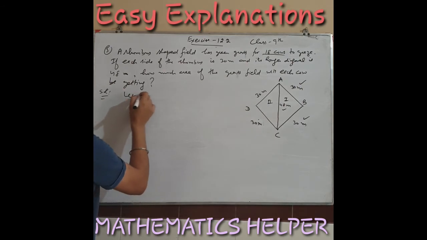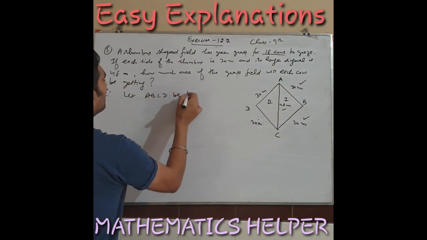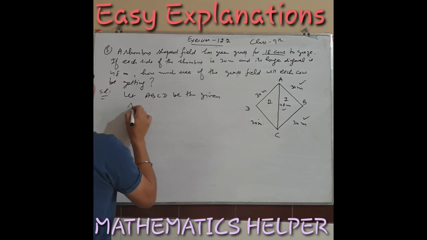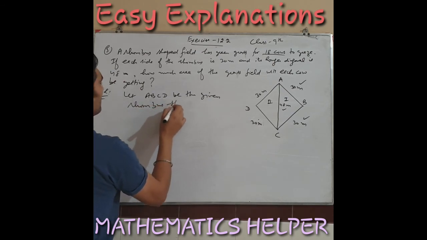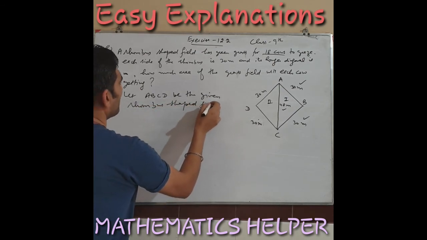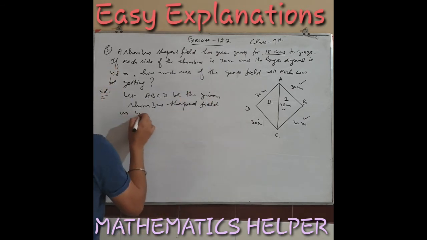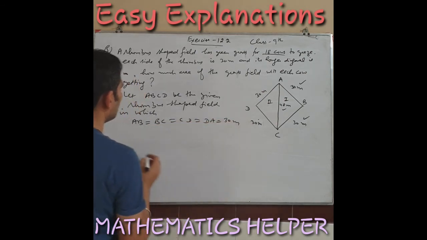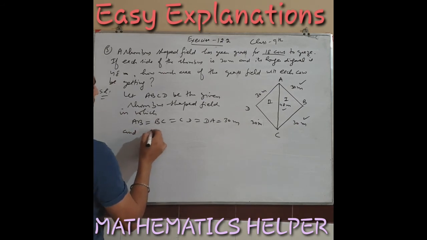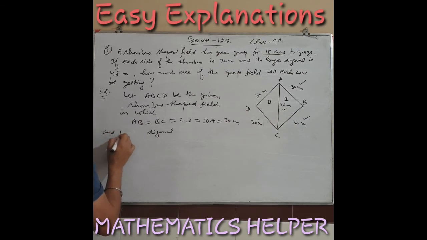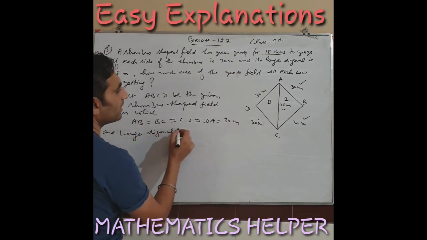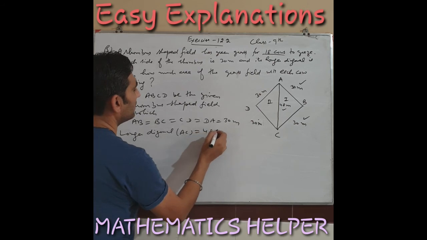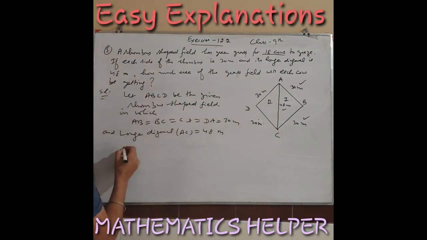See, let ABCD be the given rhombus shaped field, in which all the sides are equal: AB, BC, CD and DA, they are all 30 meters each. And the diagonal which is longer, to make it very clear, we marked as AC, 48 meters.